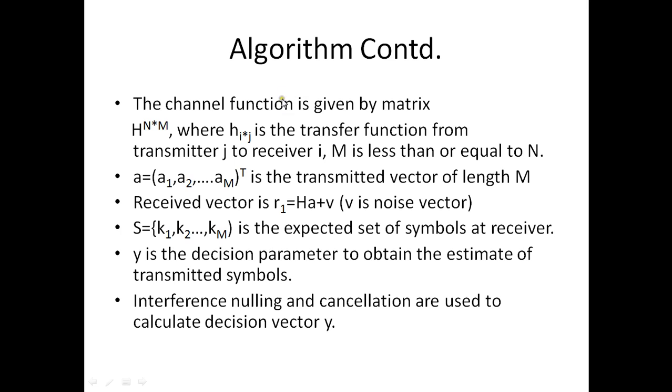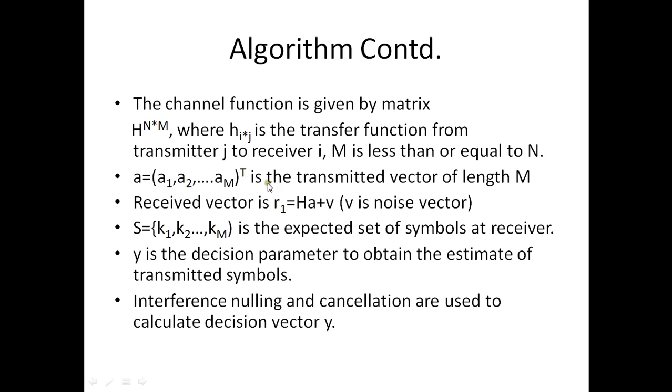Next, you have the mathematical explanation of the entire algorithm. Consider a channel matrix H of n rows and m columns, where the element Hij is the transfer function from transmitter j to receiver i, and your number of transmitter antennae is less than or equal to the number of receiver antennae, so m less than or equal to n.